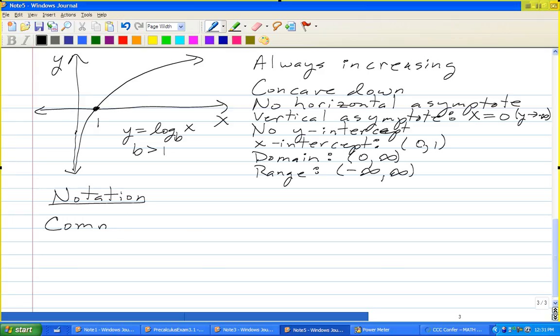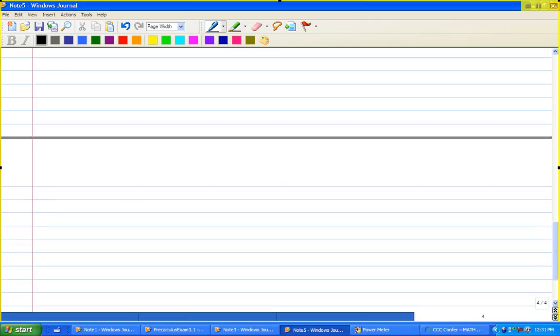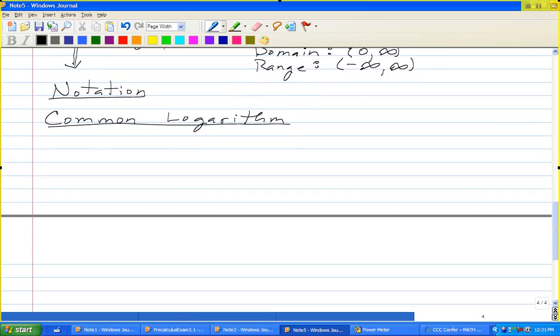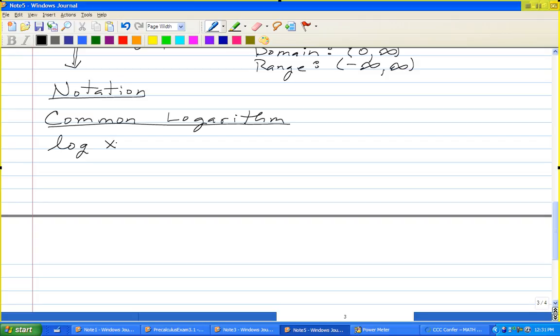So when these logarithms were invented, it was because they were trying to do calculations, and our number system has a base 10. And so the logarithms all had a base of 10, so they just used the notation log. So if you don't see a subscript, a base here, then the base is understood to be a base 10.